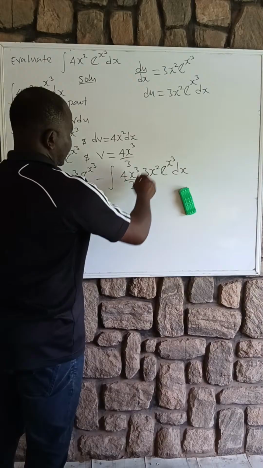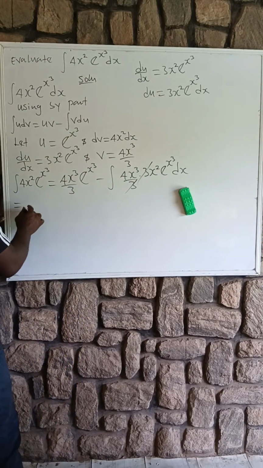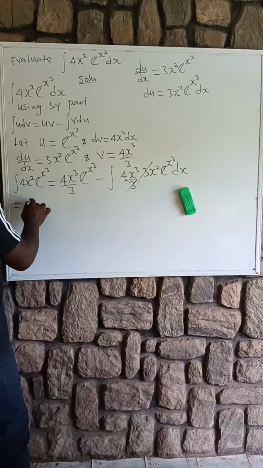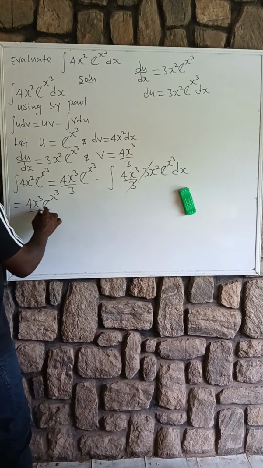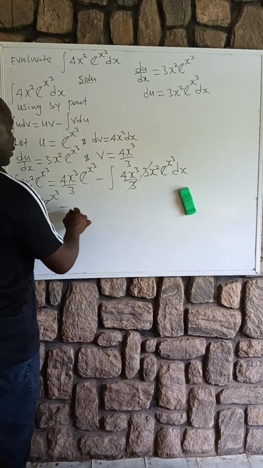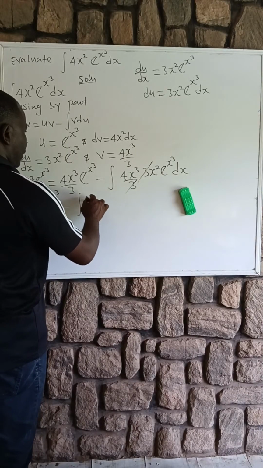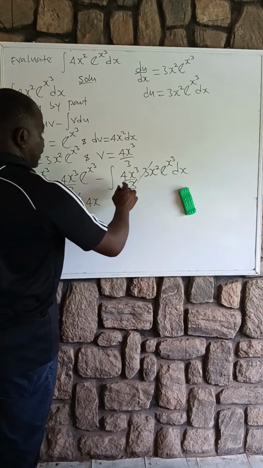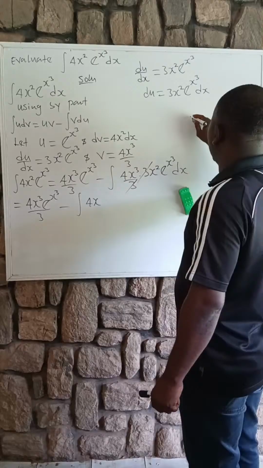So we can easily cancel this and this. So this will now be equal to 4x raised to the power 3 exponential x raised to the power of 3 all over 3, minus integral 4x, here we have x raised to the power 3 times x raised to the power 2.